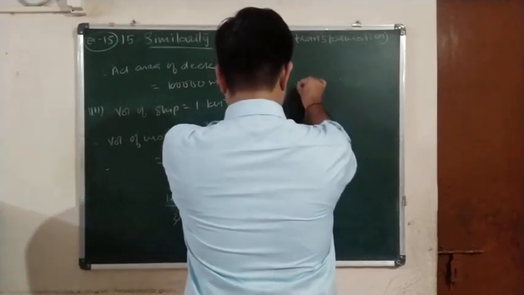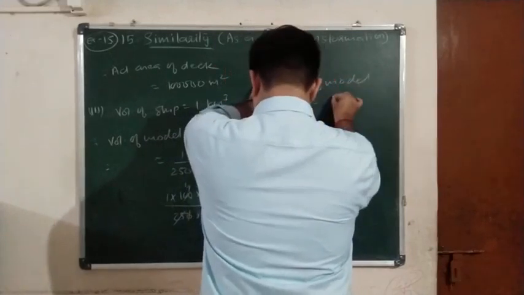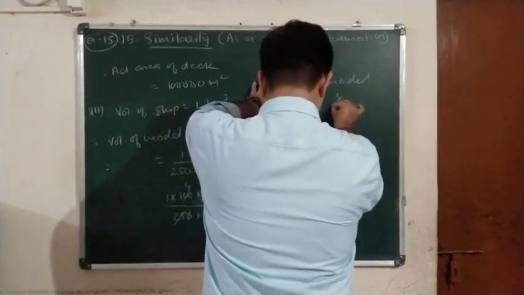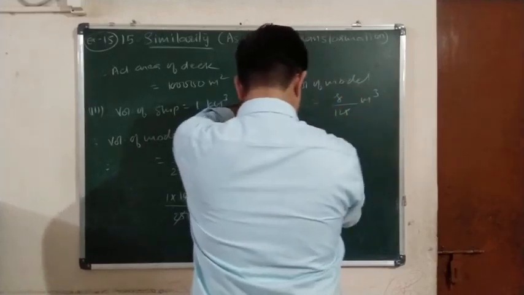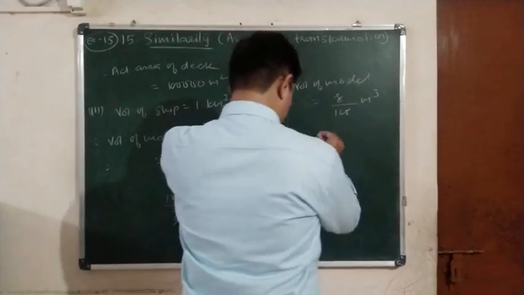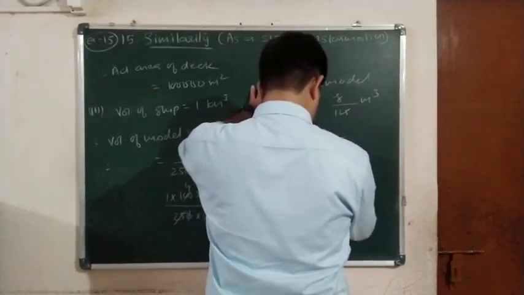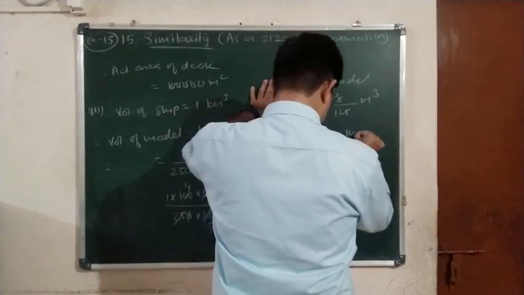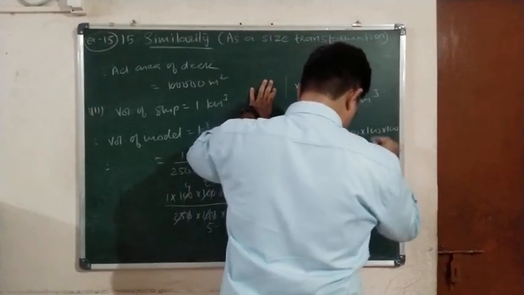Volume of model is equal to 8 upon 125 cubic meters, which is 8 upon 125 into 100 into 100 into 100 cubic centimeters.